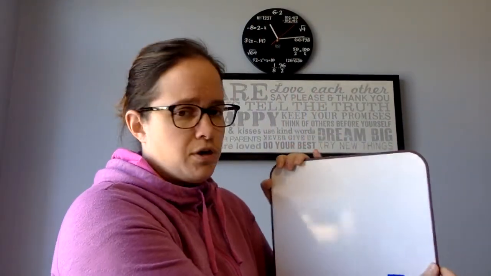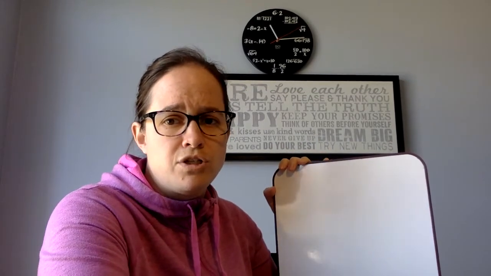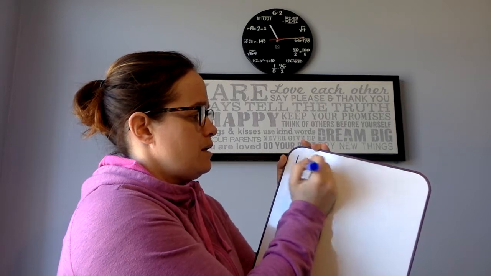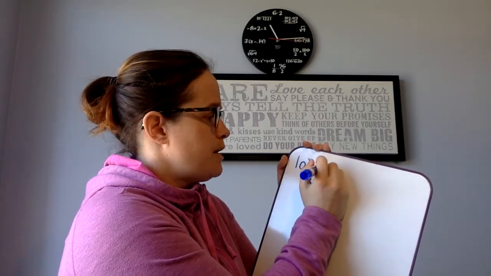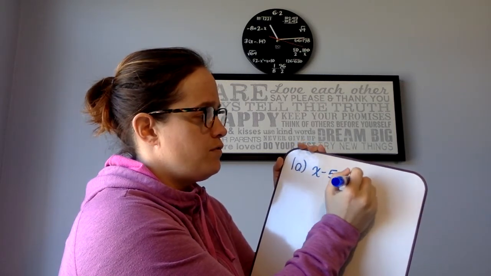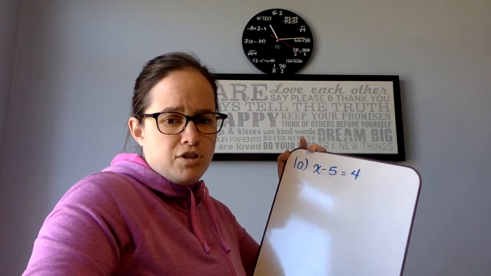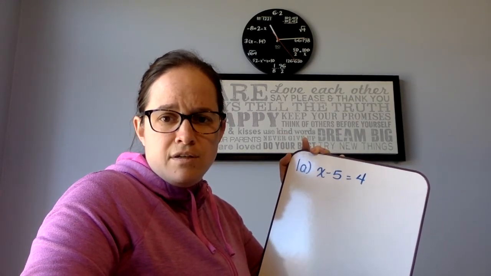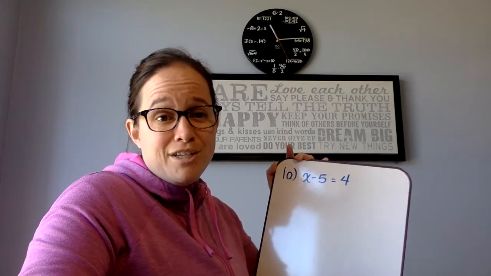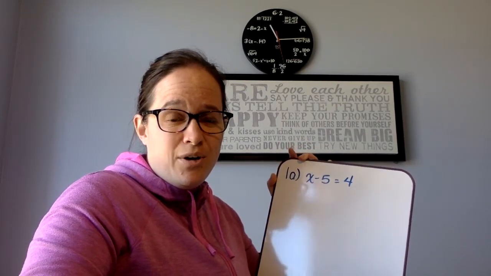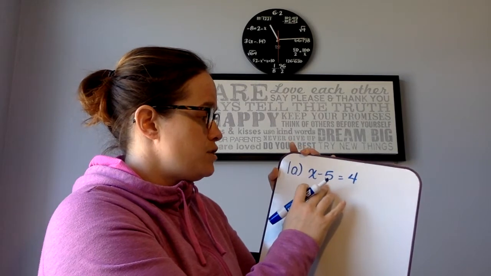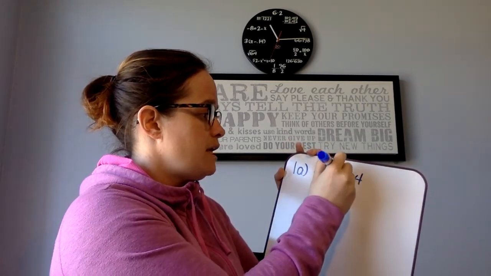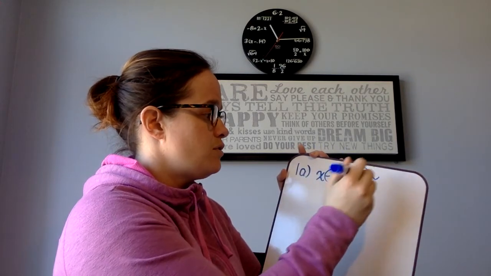questions from the homework. So we're going to do question 1A. That one was the first one, and the question is x minus 5 equals 4. So for this question, you're going to take this negative 5 and send it over.